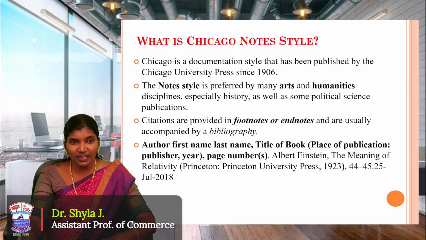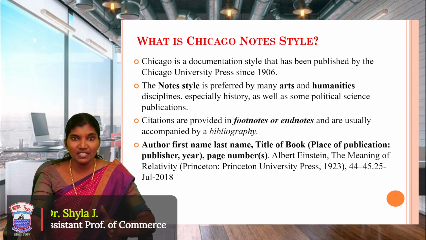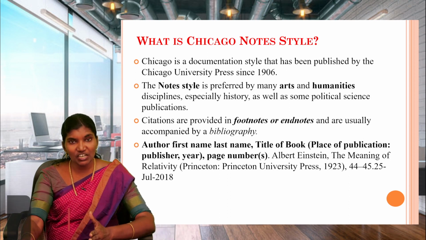Citations are provided in footnotes or endnotes and are usually accompanied by a bibliography. The format order is author first name, last name, then title of book, place of publication, publisher, year, page numbers.